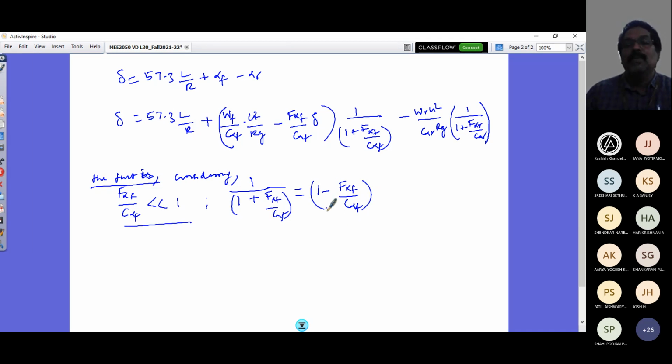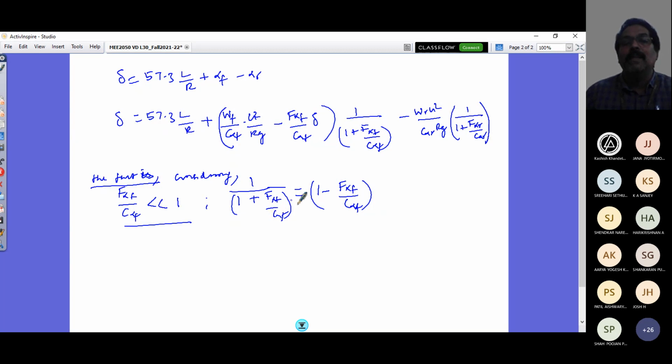Because of this, it can be written like this. Before accounting these terms, I will take here on the right hand side: there is a delta term, and the left hand side also has a delta term. I should bring that steer angle term to one side.